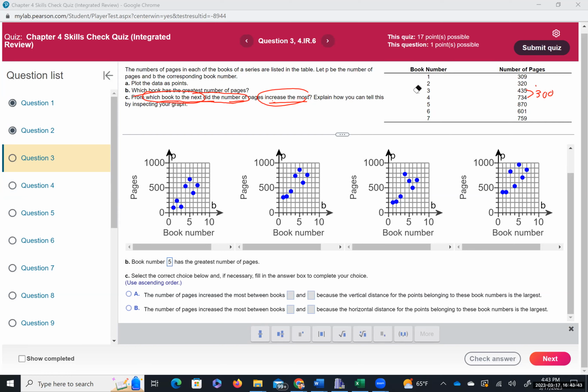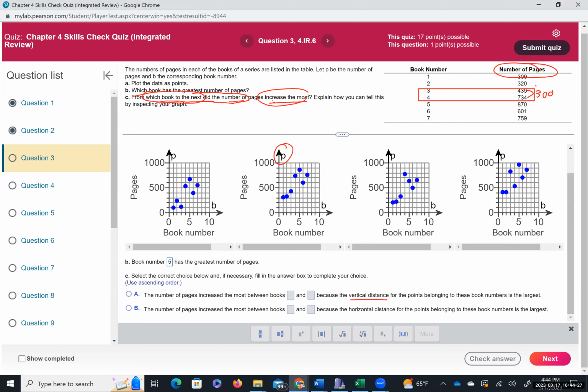Okay. So I have to choose A or B. Keep in mind that because I'm talking about the increase of the number of pages, we are talking about the vertical distance, because the pages right now is the vertical axis.